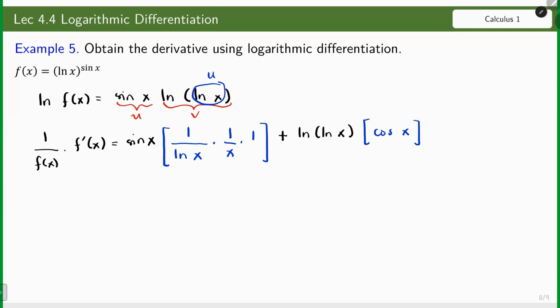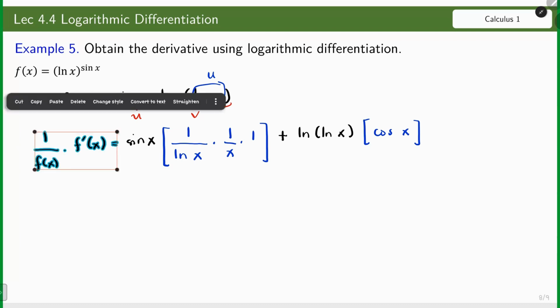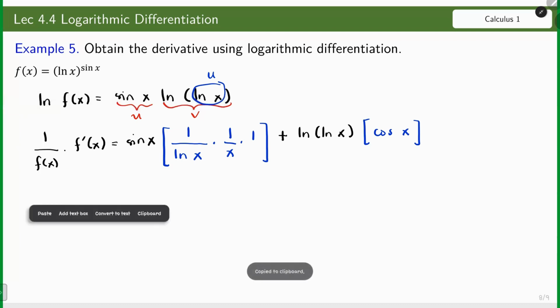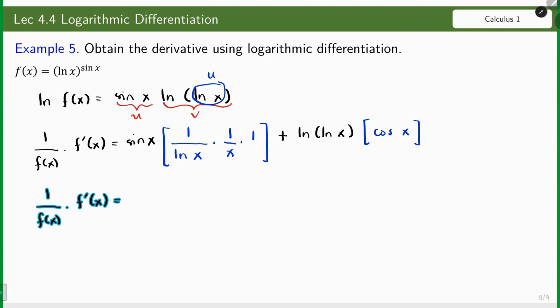All right, so let us just simplify first. We have sine x over x ln x plus cosine x ln of ln x.